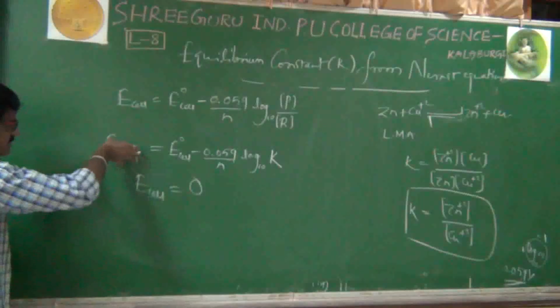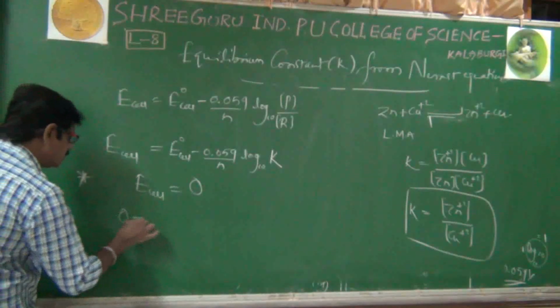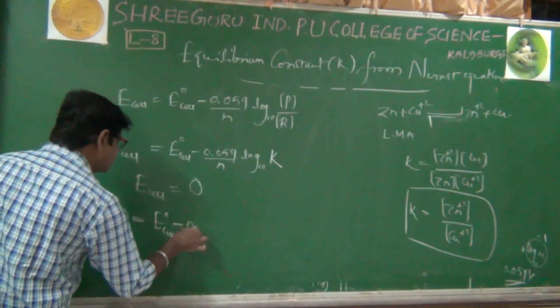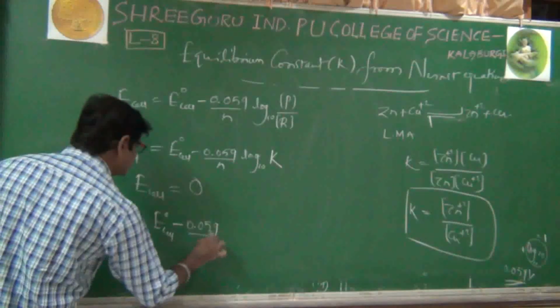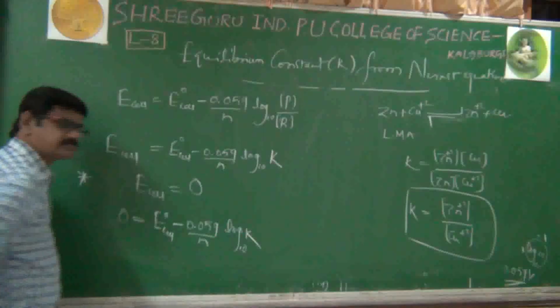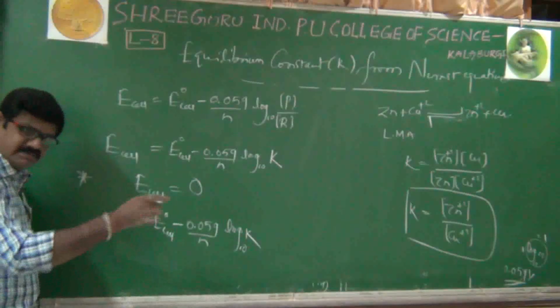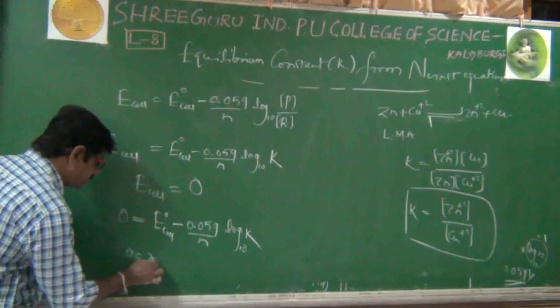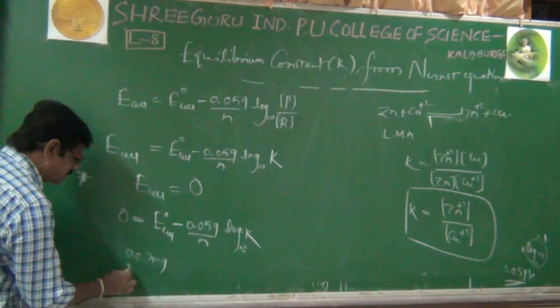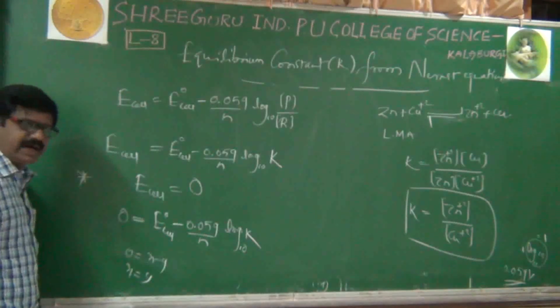Therefore, if you substitute this 0 here, 0 is equal to E naught cell minus 0.059 by n log base 10 K. This expression is similar to 0 equal to x minus y, nothing but x minus y equal to 0. If x minus y equal to 0, automatically x equal to y.